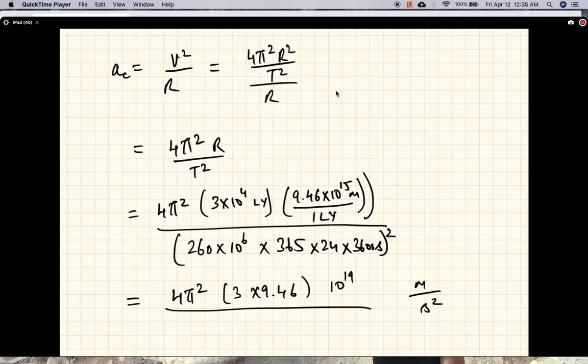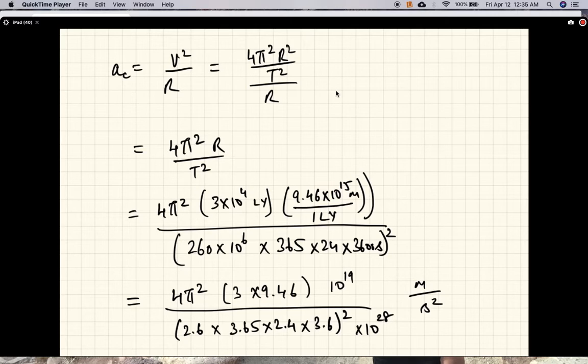Okay, so the denominator is 2.6 times 3.65 times 2.4 times 3.6 squared, and 10 to the power of 14 squared is 10 to the 28.